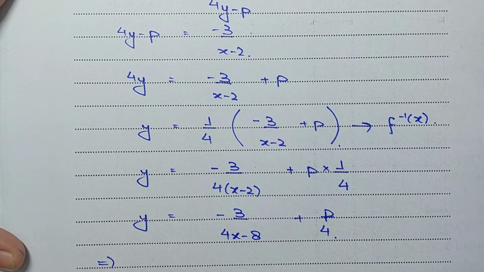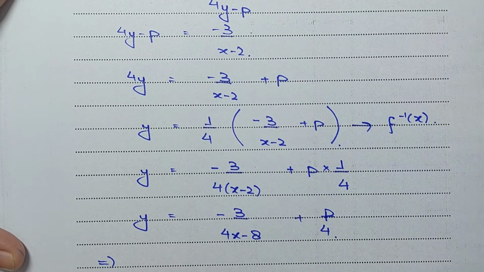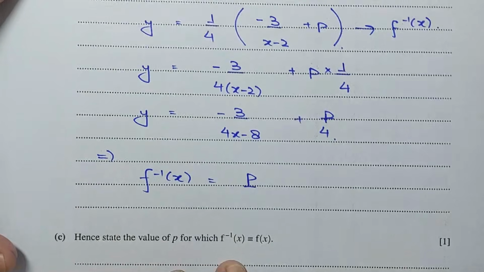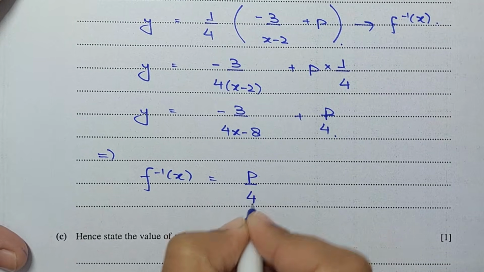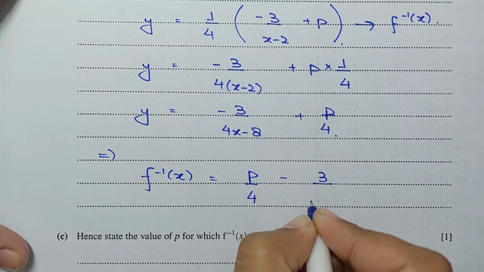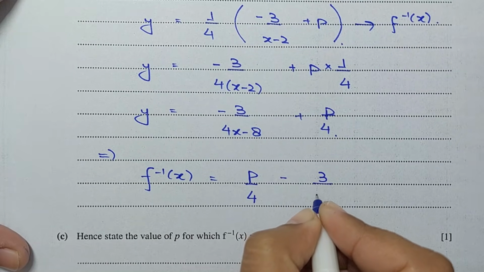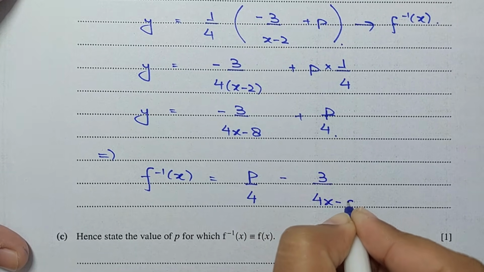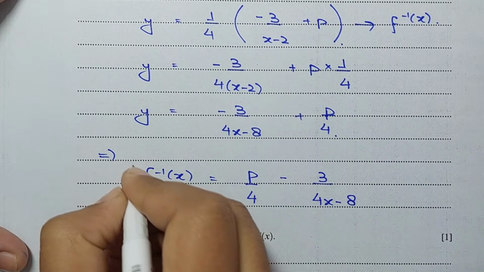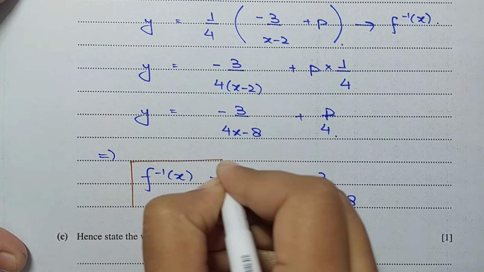This implies f inverse of x is p over some integer, p over 4, minus 3 over (4x minus 8), which is in the given form: p over a, minus b over cx minus d.